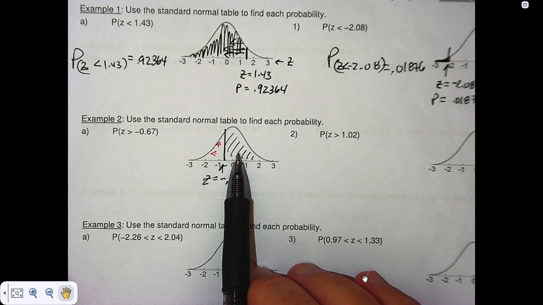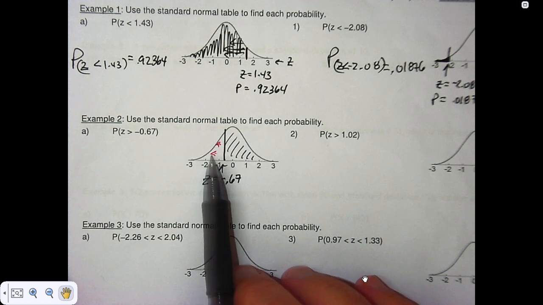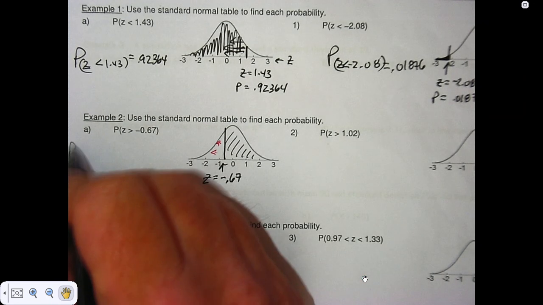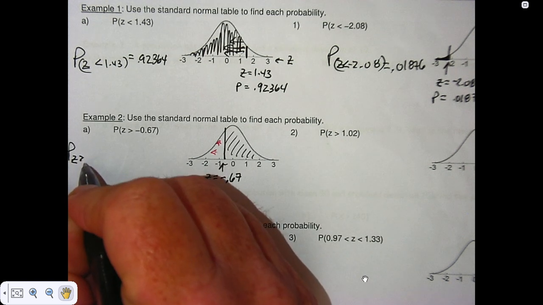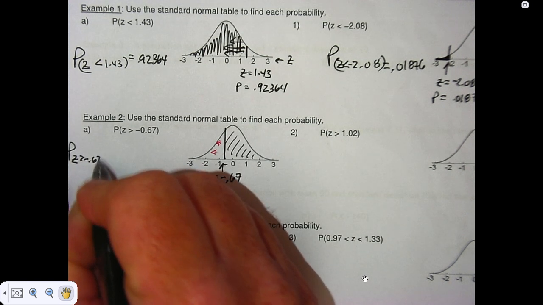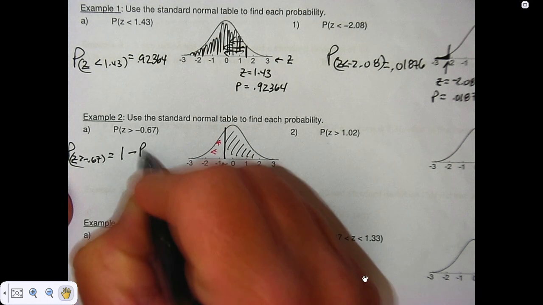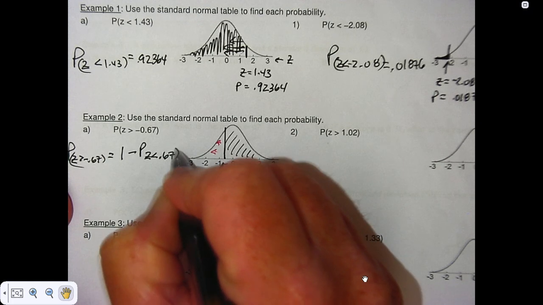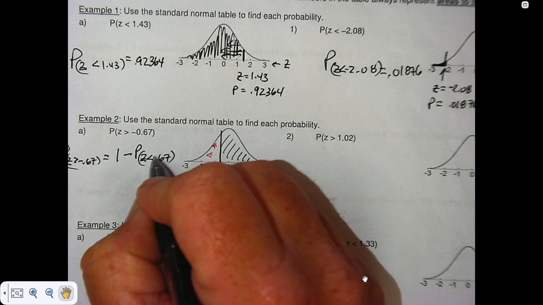And so what I'm going to do is find the area of the red and subtract it from 1. So the probability that z is greater than negative 0.67 is going to equal 1 minus the probability of z being less than negative 0.67.